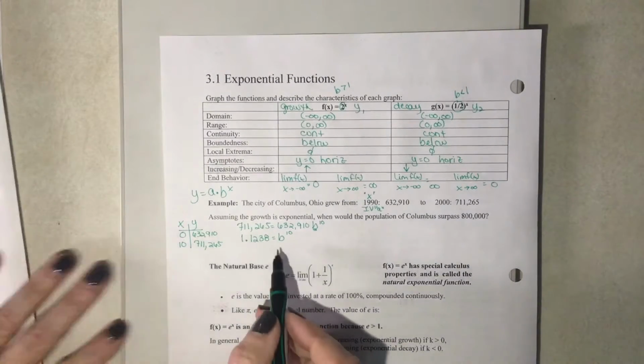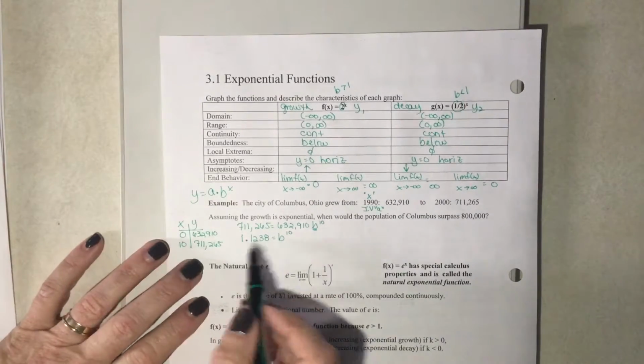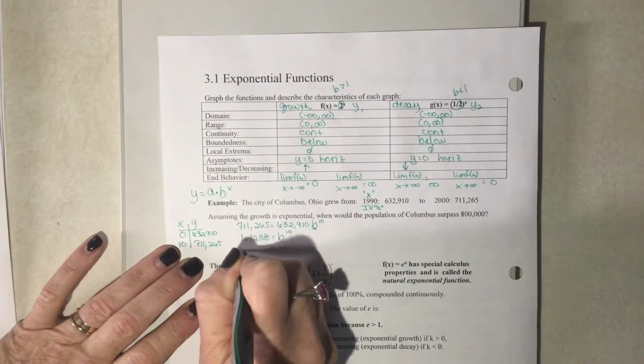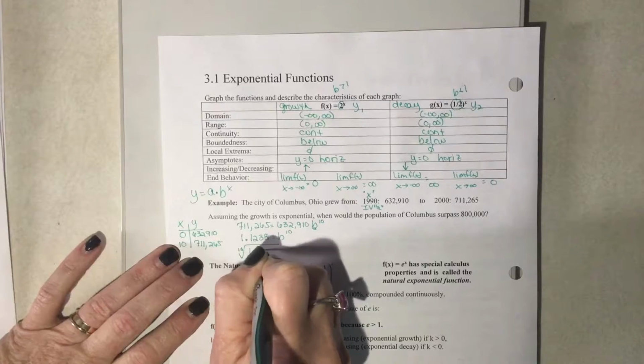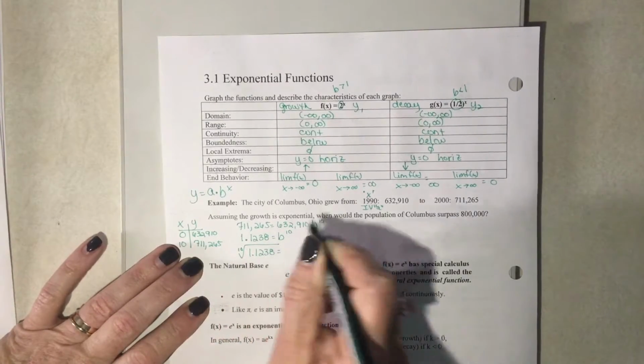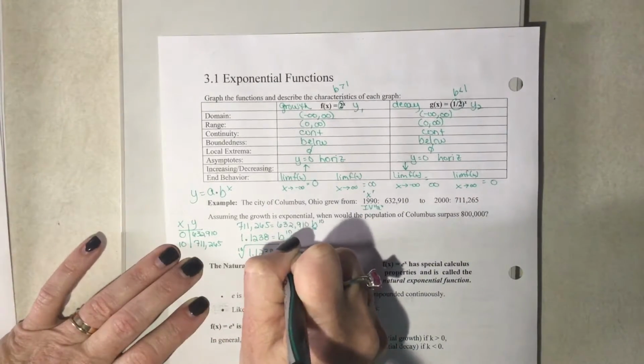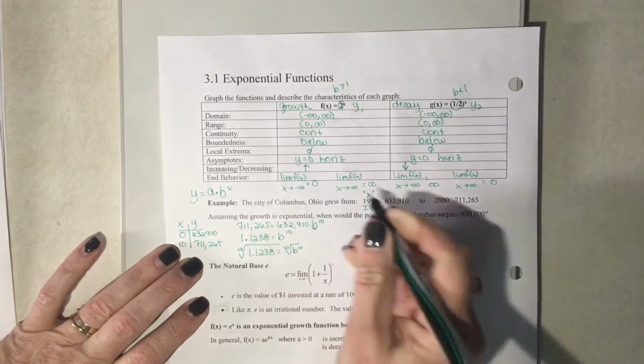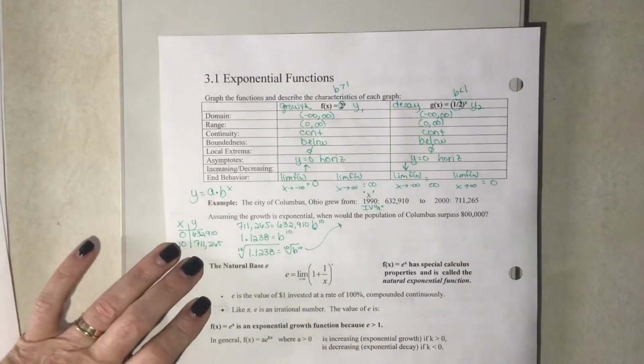And so to get rid of b to the 10, what root am I taking? The 10th root, just like you do all the time. So if you can do that in your head, go for it. If you can't, then I'm sorry, you probably need to freshen up on that a little bit.